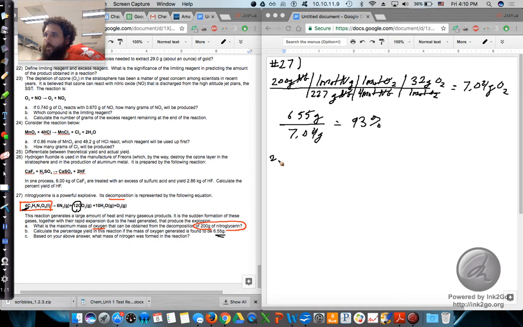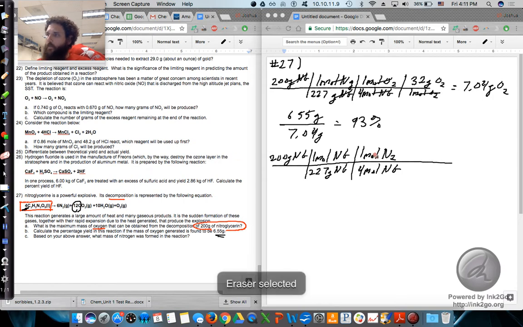So 200 grams nitroglycerin, 1 mole of it, 227, 1 mole, and 2 is what we're looking for, and 4 moles of the nitroglycerin. And I bet that coefficient is wrong. So let's go back and fix that. Make that capital 2 while I'm at it.